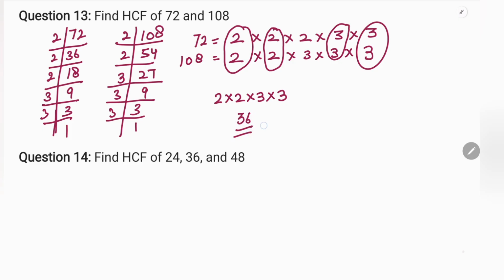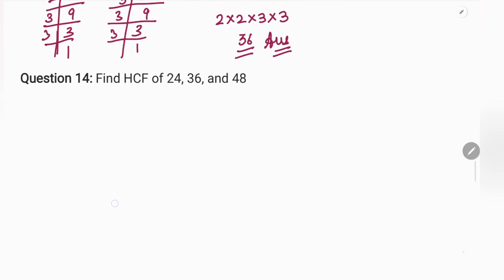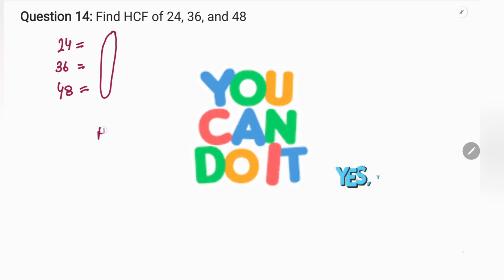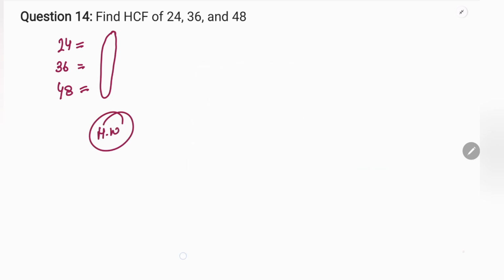This is the highest common factor. Okay. Now likewise you can do this question. You will find the prime factors of 24, 36 and 48, and then write all the common factors and then their product. Okay, you can do it. This is your homework, and then comment to me in the comment section, right?